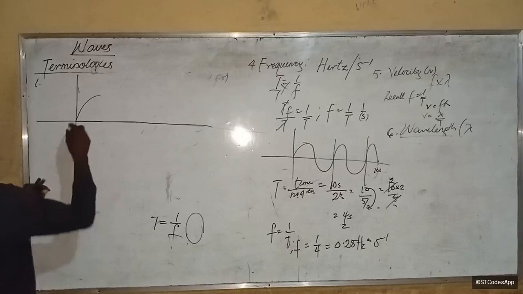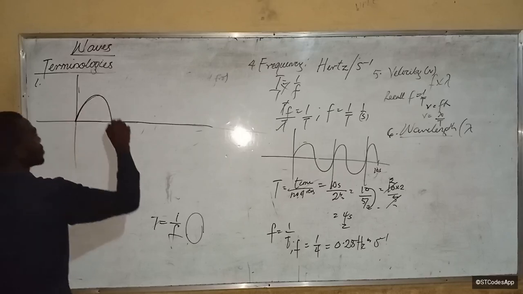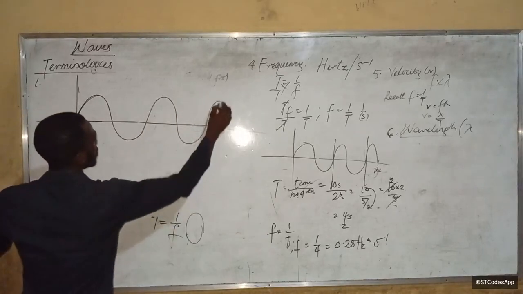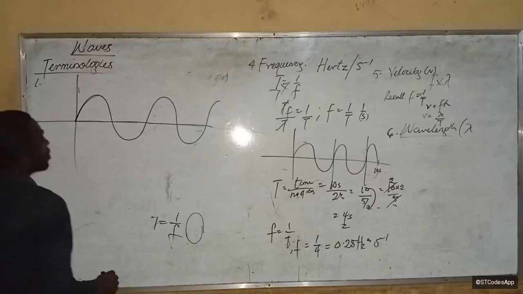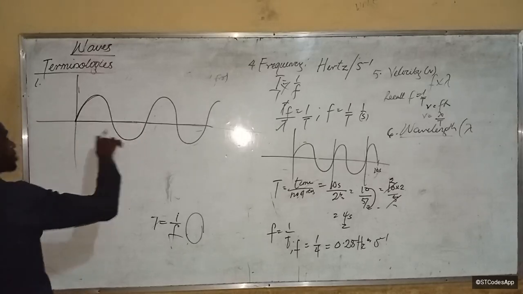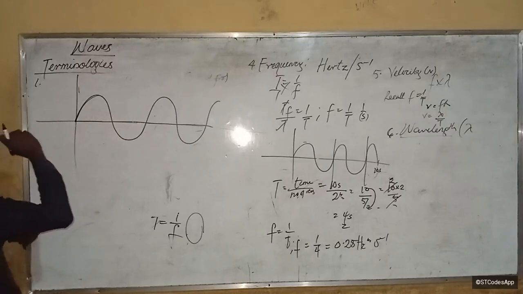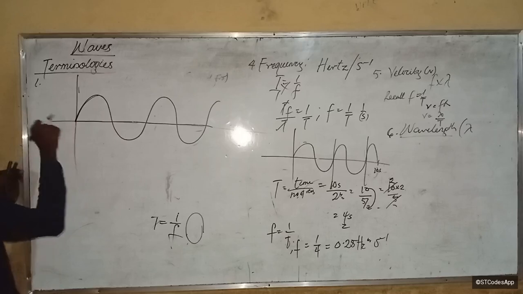So let's consider this wave, right? I said they are said to be in phase and out of phase, right? So first, let's assume that from here to here. Is that okay? So we said, give me the points on this wave that are in phase.